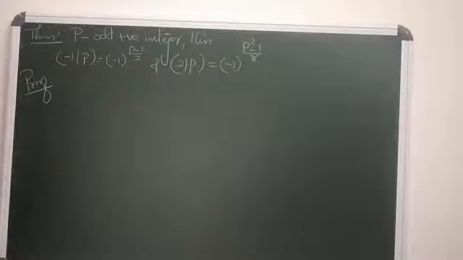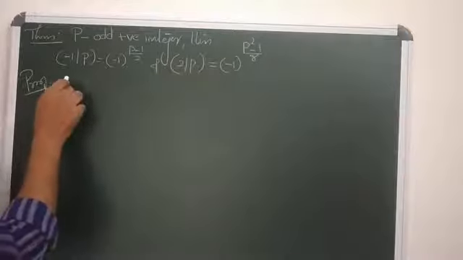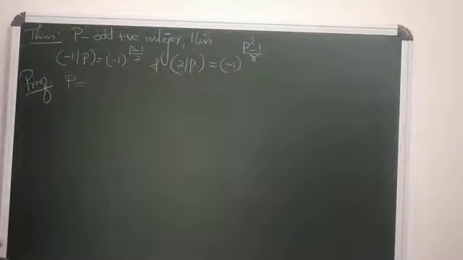How to evaluate this one? Since p is an odd positive integer, surely this p has a prime factorization.